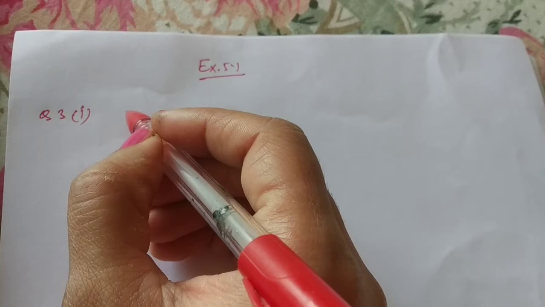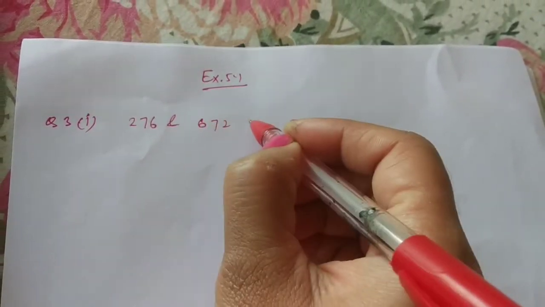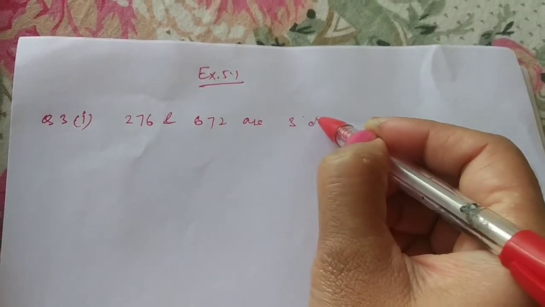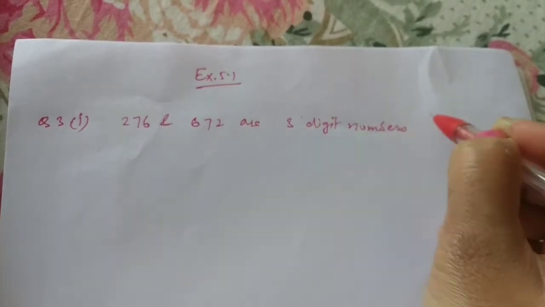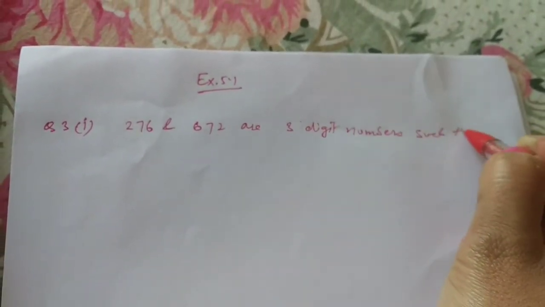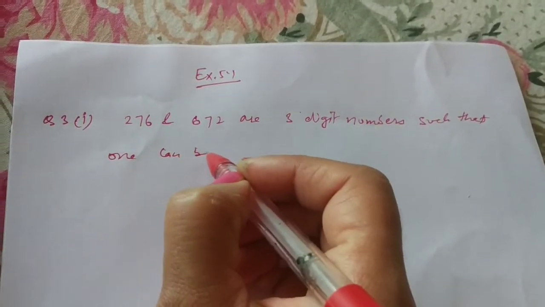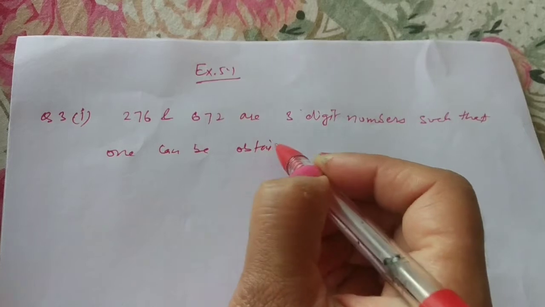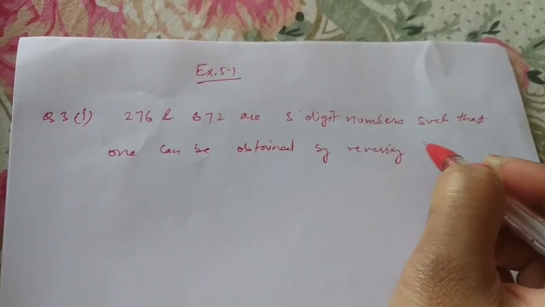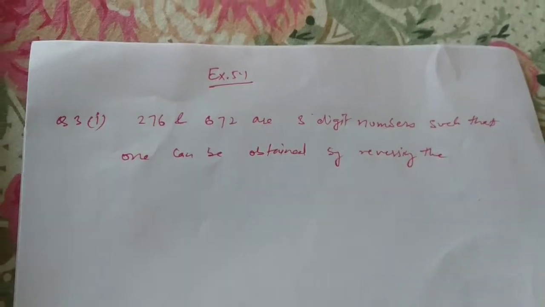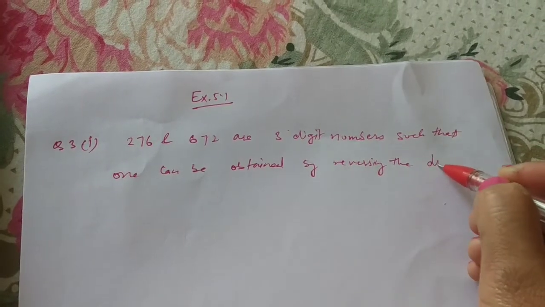So for the first part, we would write: 276 and 672 are 3-digit numbers such that one can be obtained by reversing the digits of the other.